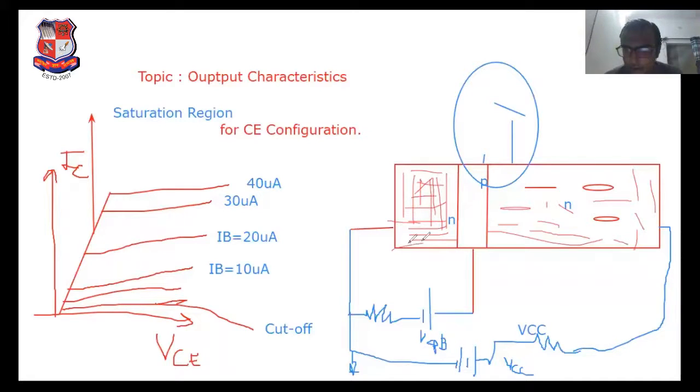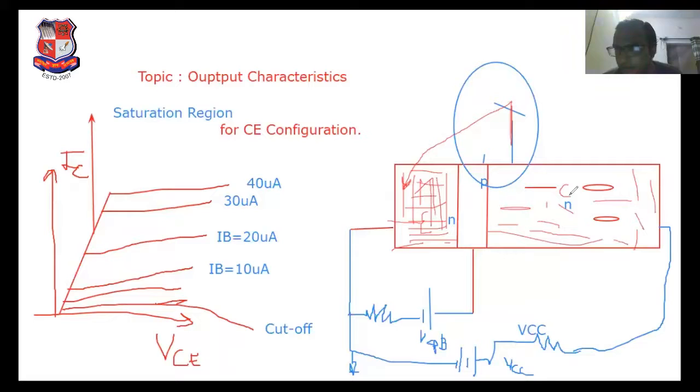Now, due to the barrier potential, this positive charge always attracts the electrons present in the emitter. See, this is emitter, this is collector.